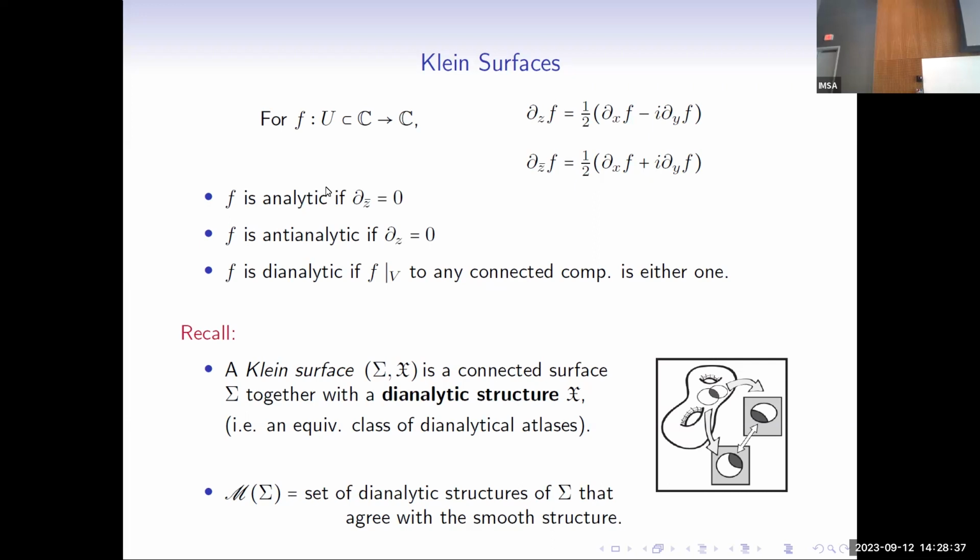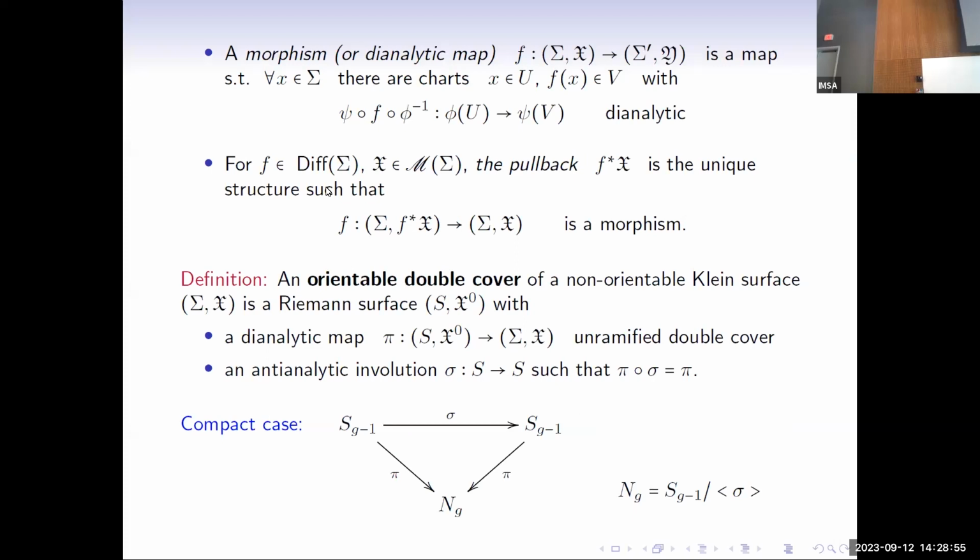You can then talk about the analytic structures on such surfaces, the set of all analytic structures you can put on a non-orientable surface. It can be orientable, but in that case you get a Riemann surface. And so you can define the concept of a map between Klein surfaces. Also, given a diffeomorphism of the surface, you can talk about pullback structure in such a way that this diffeomorphism is a morphism of Klein surfaces.